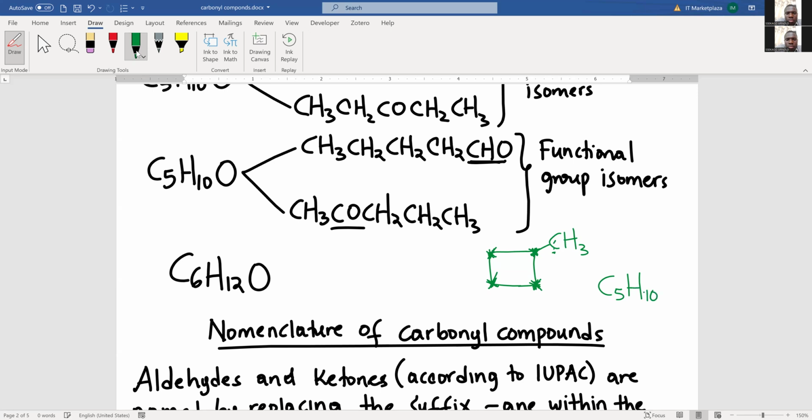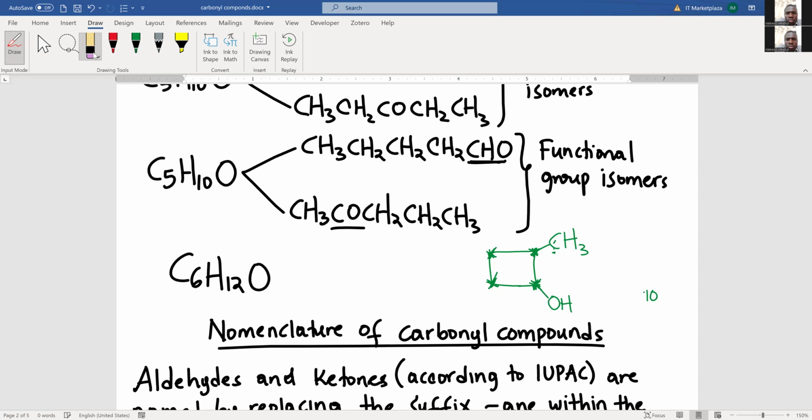Then I need to add oxygen. So if I want to add on oxygen, what should I do? If I want to add on oxygen, I can create the OH here. Suppose that I create OH there. What do I have now?